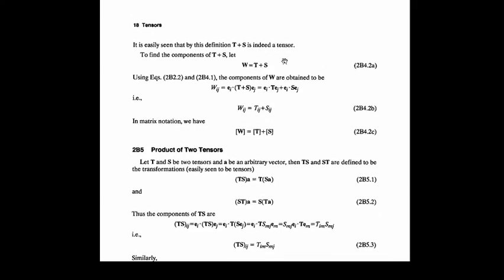Now if this is a tensor, how can we write its components? Suppose that W is equal to T plus S, the sum of the two tensors S and T. We are denoting this sum by W. Now we want to write the components of this tensor. By definition, if T is a tensor, then the components of T can be written as Tij equals Ei dot Tej.